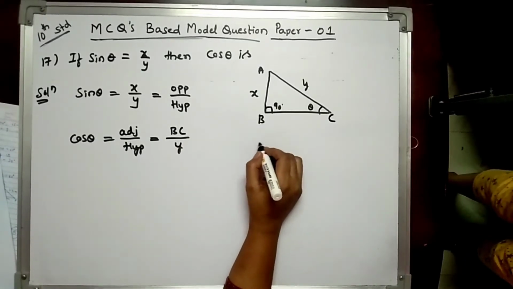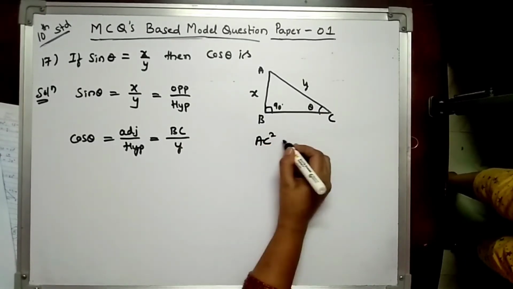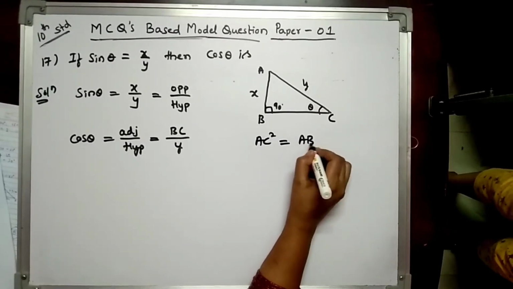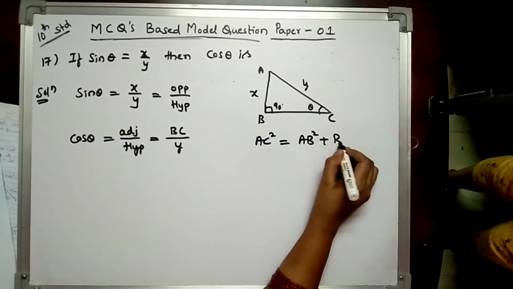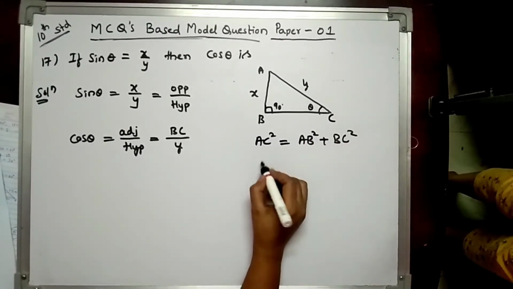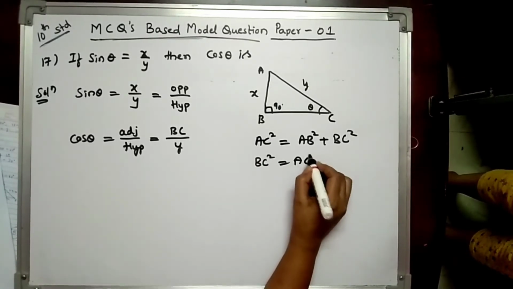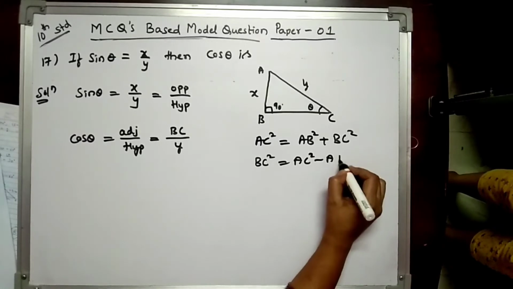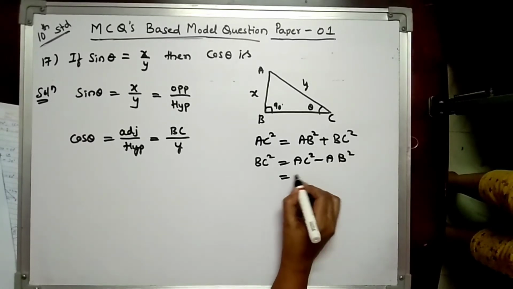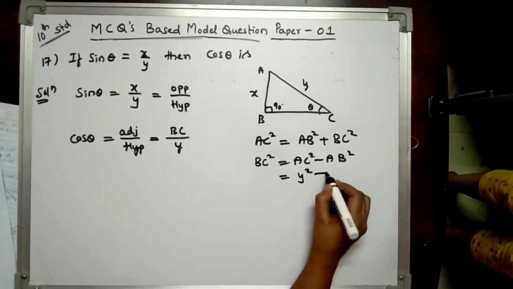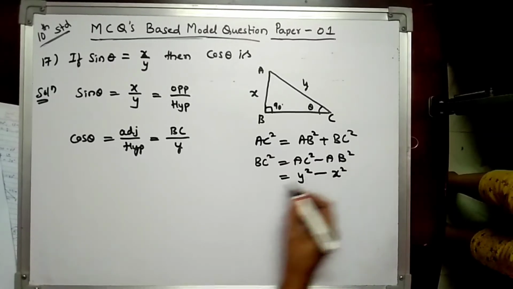Using Pythagoras theorem, AC square is equal to AB square plus BC square. So BC square is equal to AC square minus AB square. AC is y square, AB is x square.